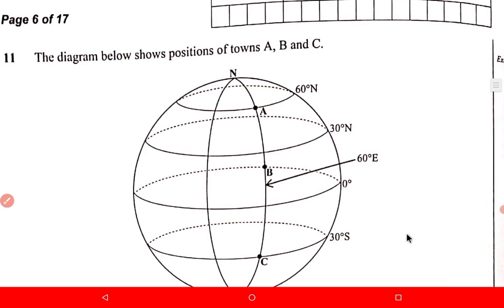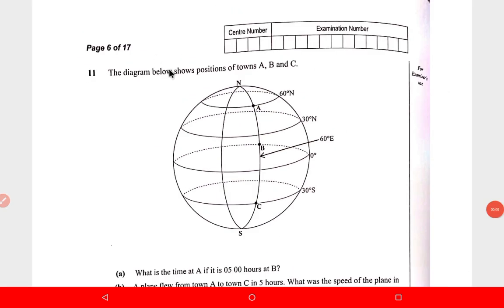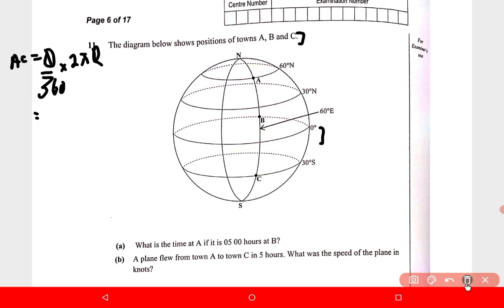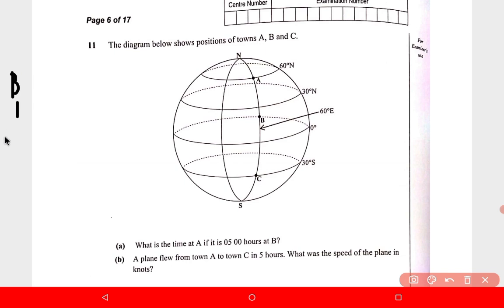So question 11, looking at here we have a question under earth geometry. What is the time at A if it's 0.5 at B? So A and B. So you do this here, and you say the time at B is 0.5 hours.